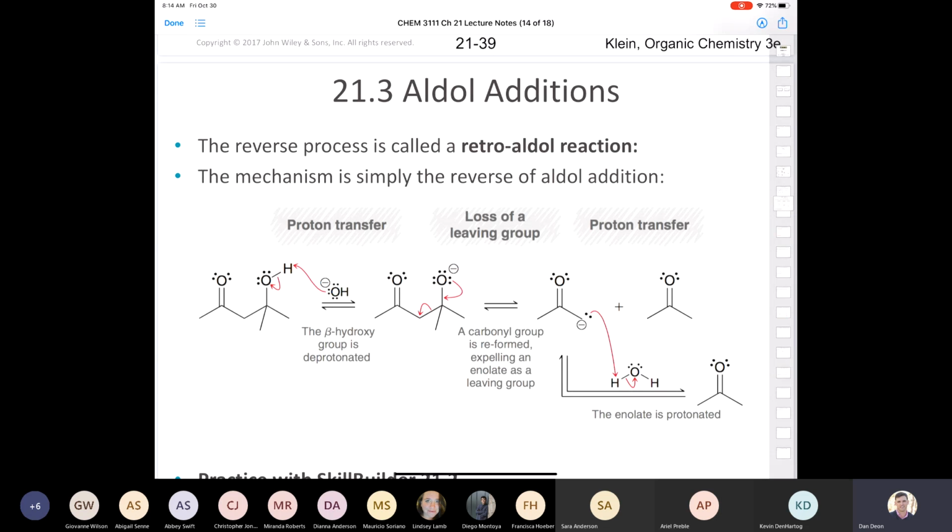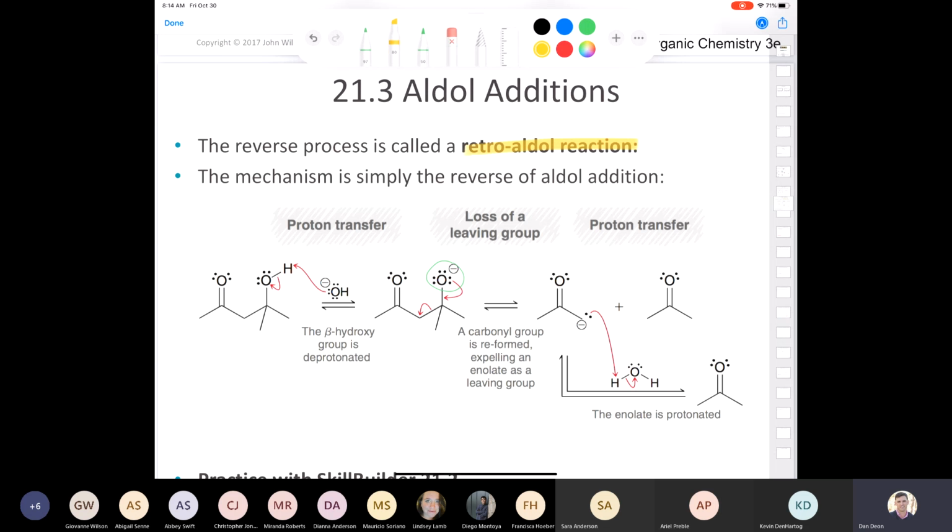Remember that during the aldol addition, the last step was a proton transfer. So again, our first step is the proton transfer, the deprotonation of the hydroxyl to produce this alkoxide here. And then we end up breaking it apart, right? And we expel the enolate as a leaving group. And then the enolate can, of course, be protonated. So that's the retroaldol reaction, okay?